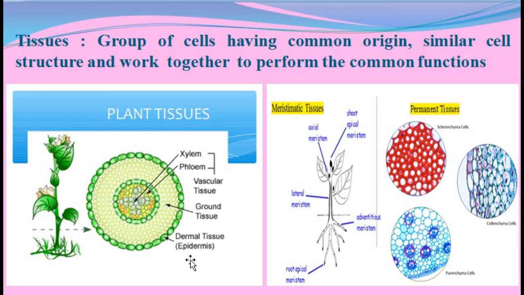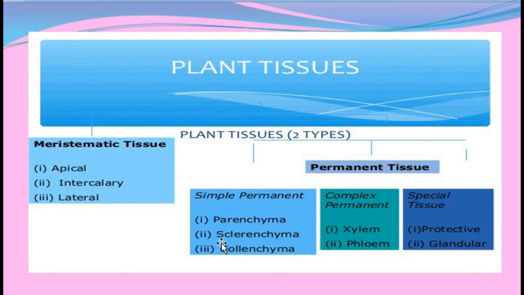And the third type is called the dermal tissue, which constitutes the epidermis, which will give protection to the inner structure of the plants.